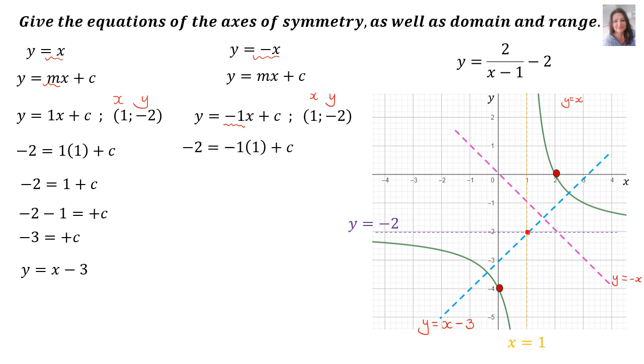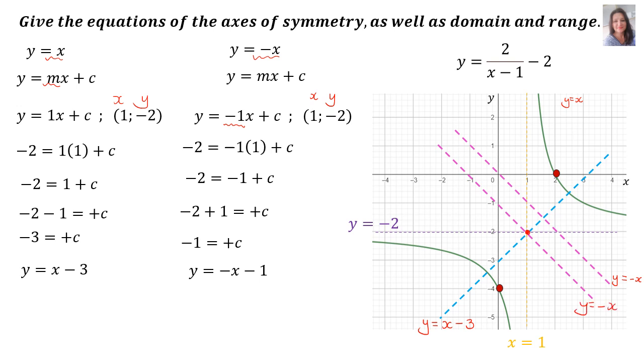Into the equation goes -2 in y's place equals -1 bracket 1 plus c, and we will solve c. -2 is equal to -1 plus c. -2 plus 1 is c. C's value is -1. And the equation for the other axis of symmetry will be y is equal to -x minus 1. So there you find the line y is equal to -x -1.